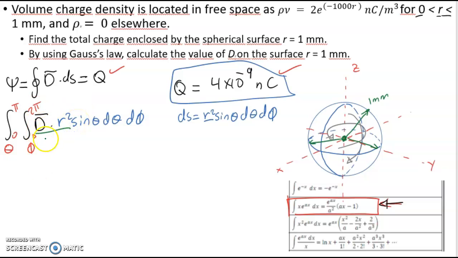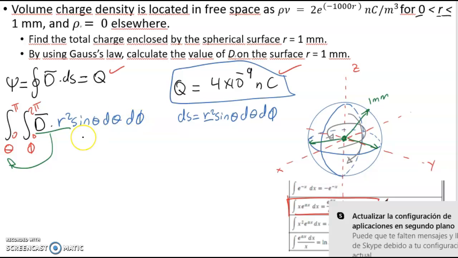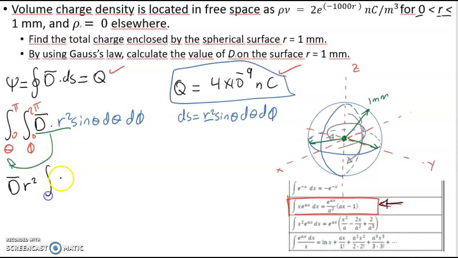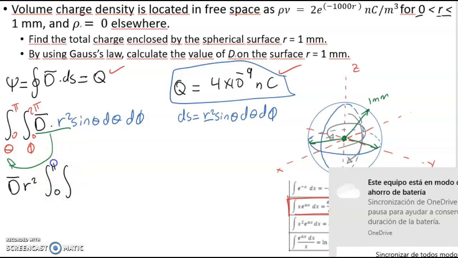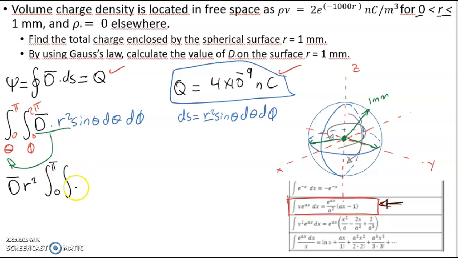D, we consider it as a fixed value too, so it can go out of the integral, and we can rewrite this as D radius squared times the integration from 0 to pi of sine of theta d theta and from 0 to 2 pi of d phi. Now, once again, we face the same integration.